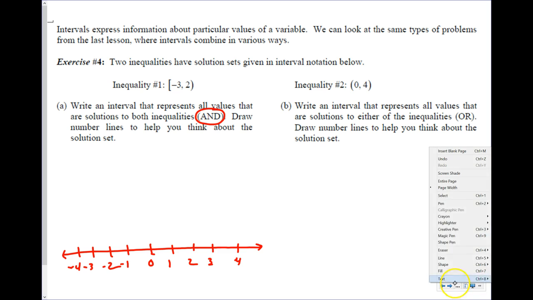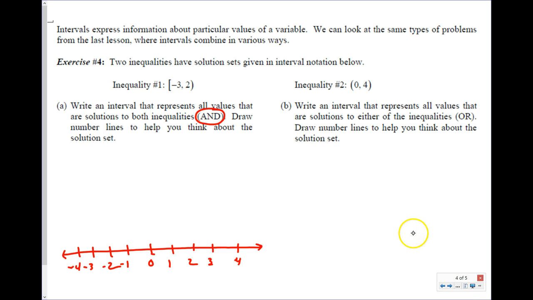And I'm going to make interval number 1 show up in green. So interval number 1 is green. Negative 3 to 2. So I have a closed circle on negative 3 and an open circle on 2. And they're connected. So that's my first inequality, and I'm going to graph the second inequality on that same number line here to try and see where they overlap.